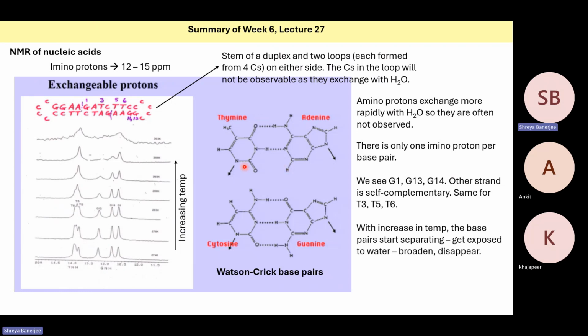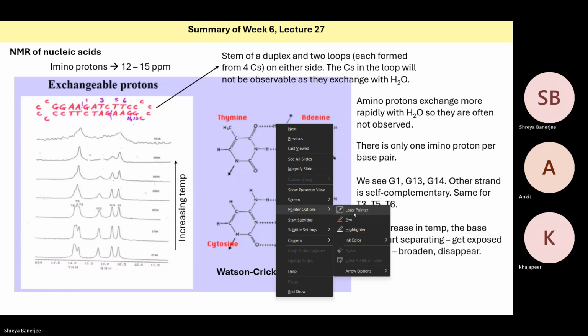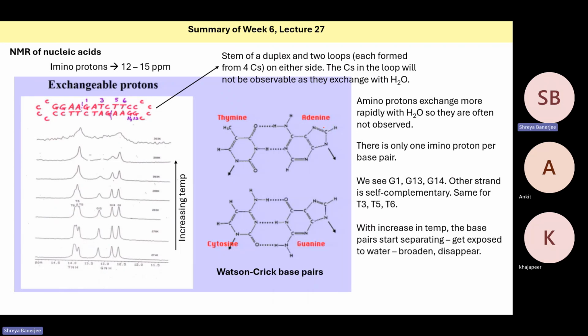Other than that, if you look at the base pairs that are forming, here the normal Watson-Crick base pairs are forming, AT and GC. Now for each base pair, there is only one iminoproton. You can see that in this base pair also there is one iminoproton, and in this base pair also there is only one iminoproton.